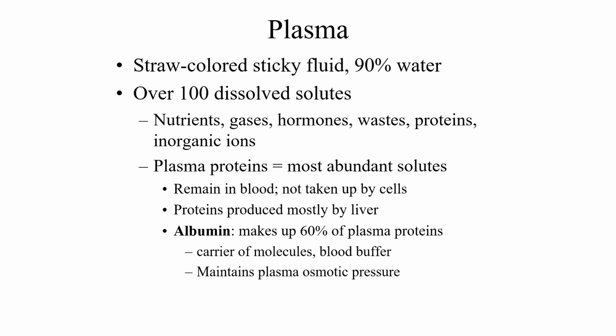Albumin makes up 60% of our plasma proteins, and it serves as a carrier molecule in the blood. It maintains the blood osmotic pressure, and albumin has amino acids that have functional groups that can donate positive and negative charges, and so in that sense, it also serves as a buffer.